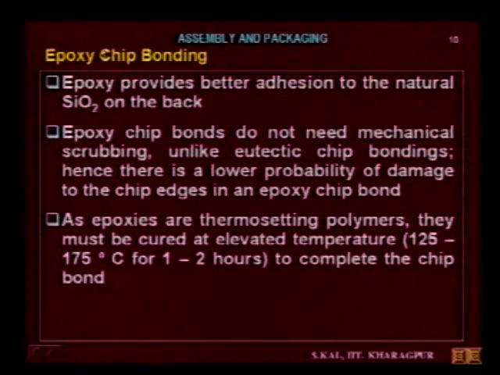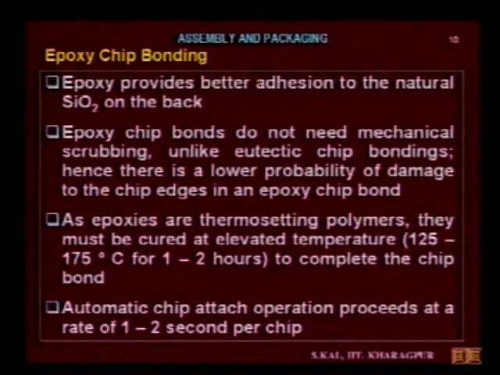If you don't raise the temperature to that level, the complete bonding of the chip with the substrate will not be done. If you elevate the temperature and keep it for a certain time, only then does it bond properly onto the substrate material. Automatic chip attach operation proceeds at a rate of 1 to 2 seconds per chip.